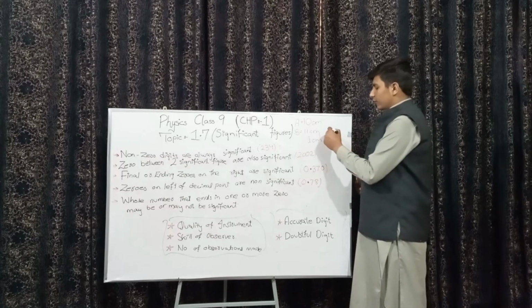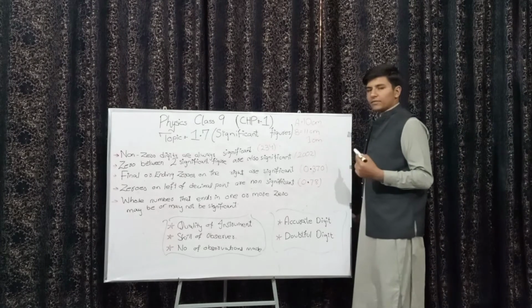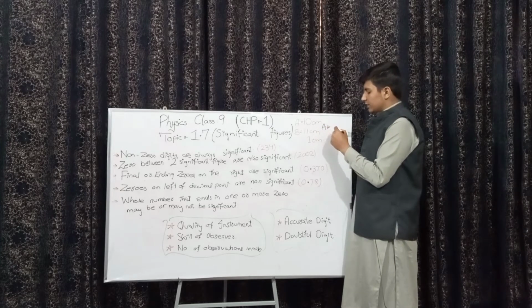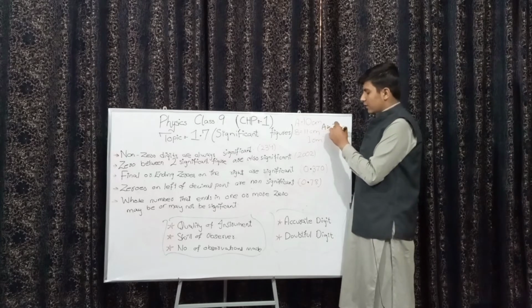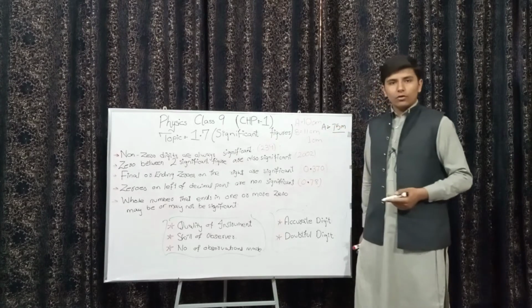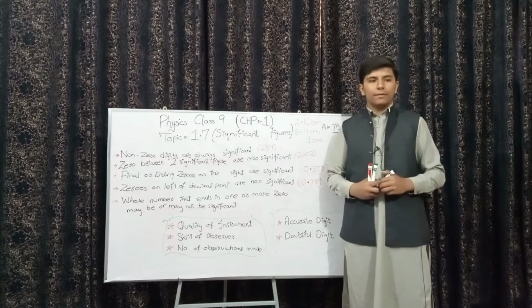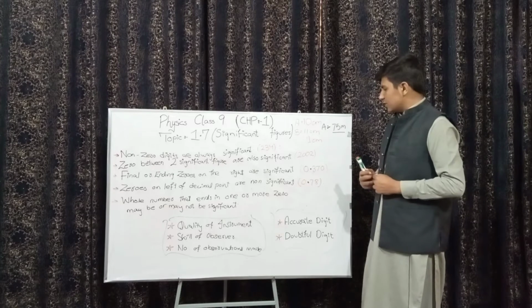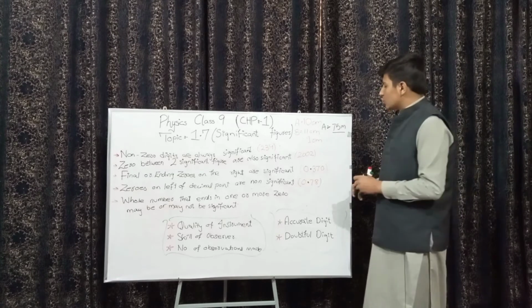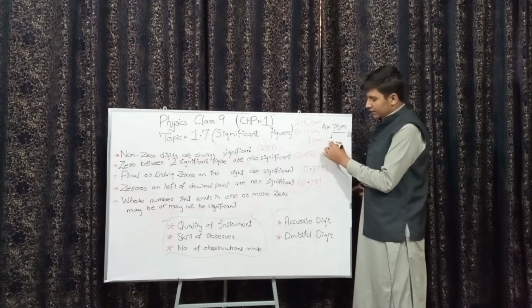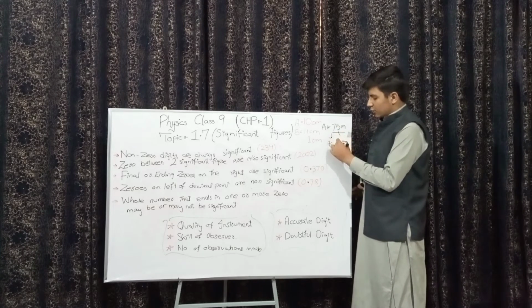For example, person A has the measurement of something, say a road or a wall of a ground, which is equal to 75 meters. So here the 7 will be the accurate digit and 5 will be the doubtful digit. Why?